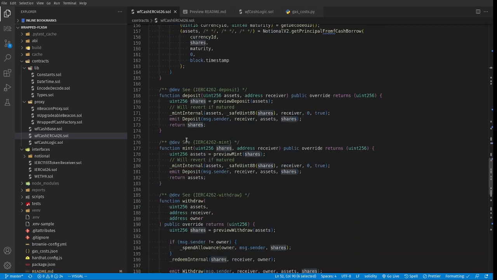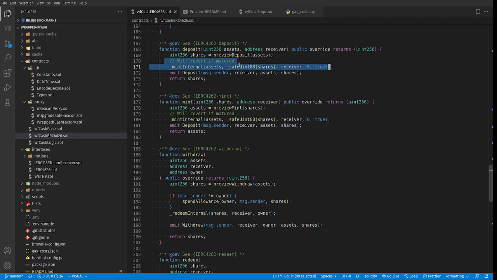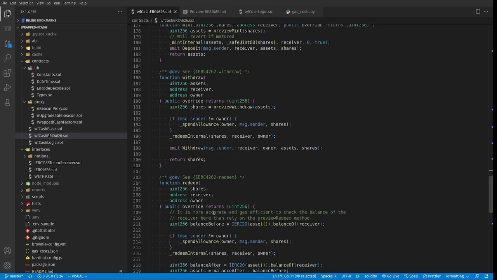And then deposit and mint are pretty straightforward. We're going to call deposit here. When you deposit, you're specifying assets. We're going to convert that to shares, and then call mint internal. So that's the function we saw earlier. And then withdraw.